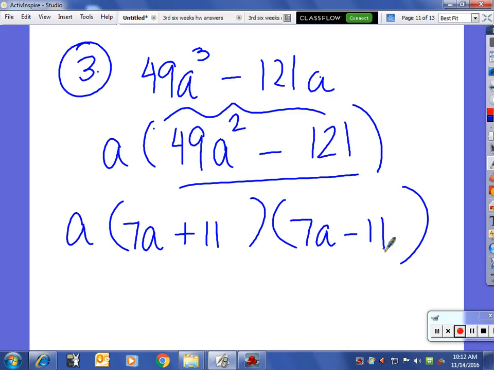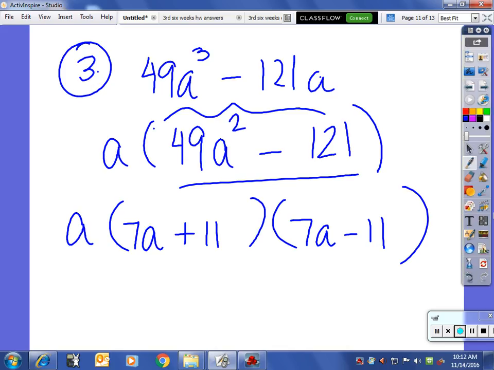It's the difference of 2 squares. You just take the square root of each, and one's a plus and one's a minus. Well, you can't factor an a to the third, really. Your exponent should be even. So you had to get the a out of there, or you couldn't keep going.